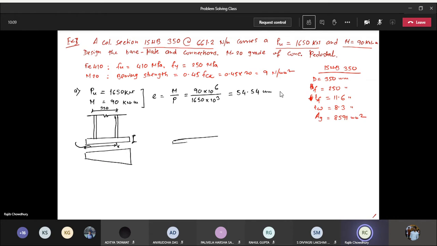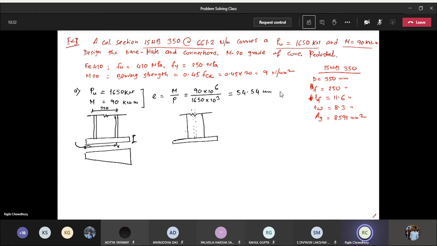That this is my base plate. On the top of that, the column is there. I'm just making a single line, okay, a single line, and then I'll have, this is the web.